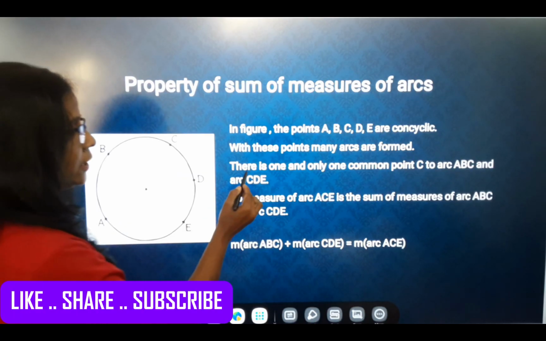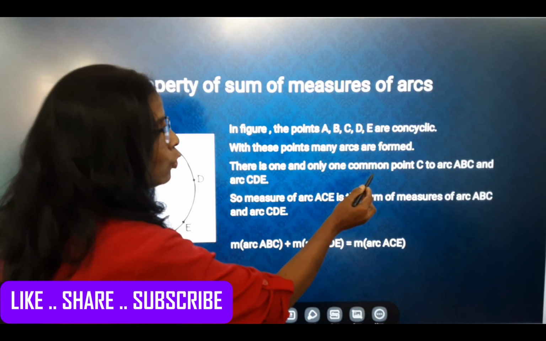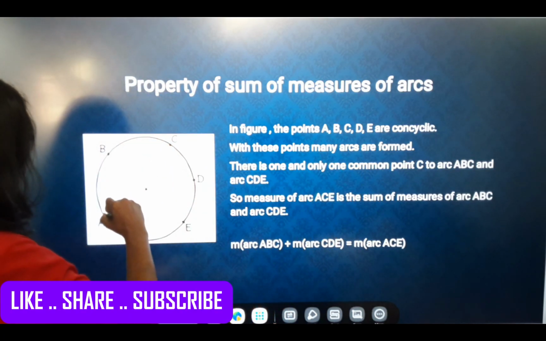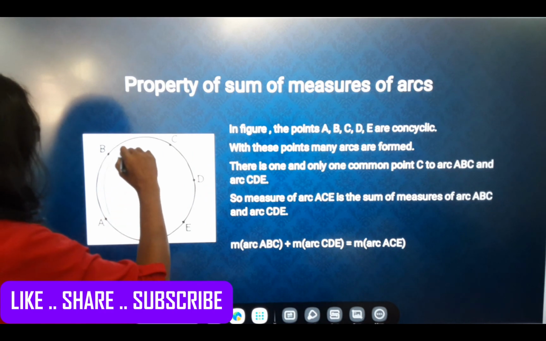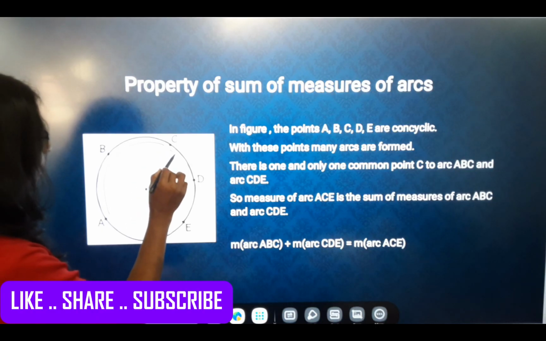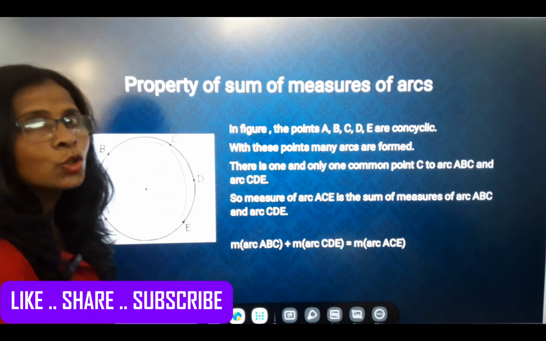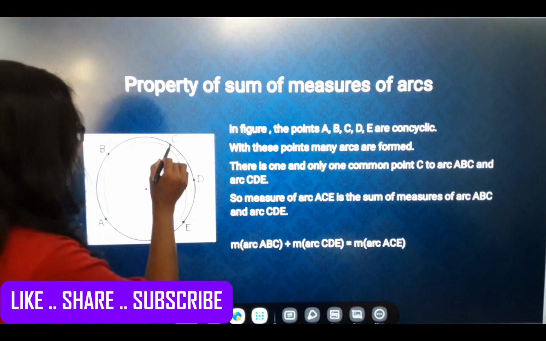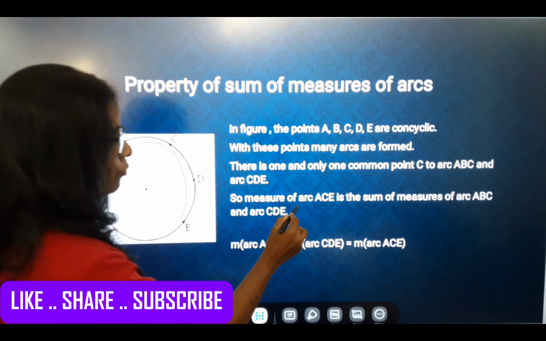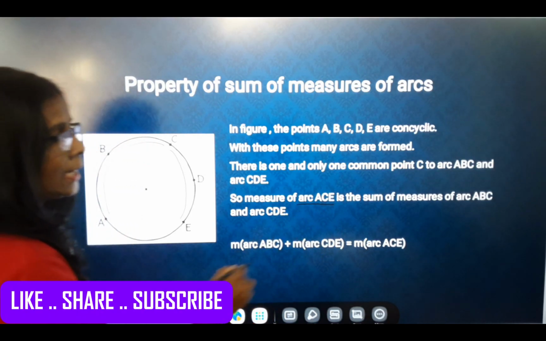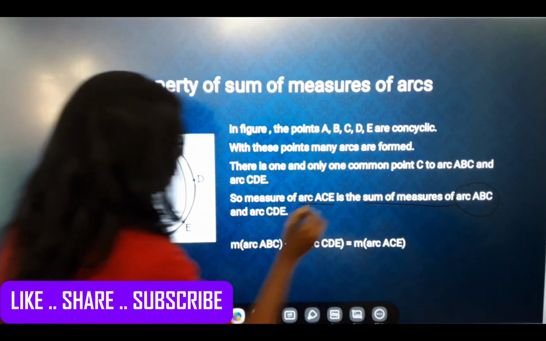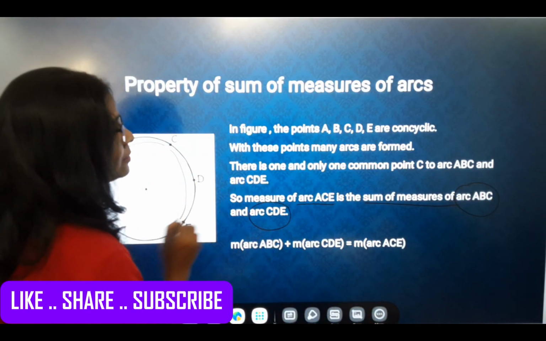So now here there is one and only one common point, C, to arc ABC. See here, if you consider this arc ABC and the arc CDE, then only one point is common, and that point is C. So the measure of arc ACE is the sum of the measures of arc ABC and arc CDE.